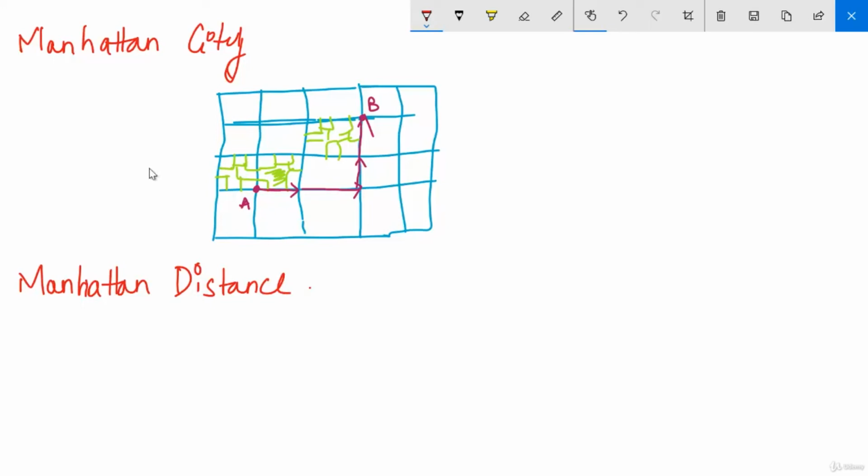So this is your Manhattan distance. What I'm trying to explain, going from one point like this is nothing but your Manhattan distance.